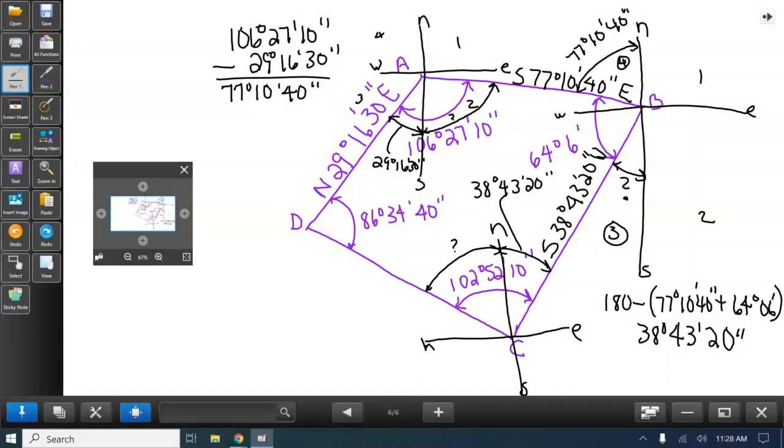So you take the 102 minus the 38. Yep. Gave me 64 degrees.